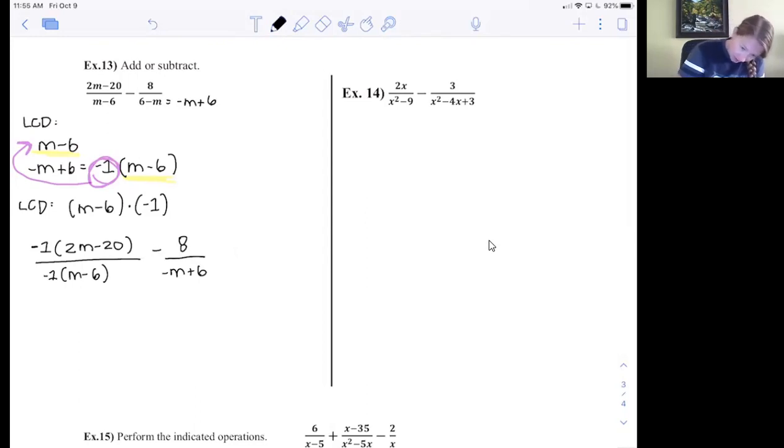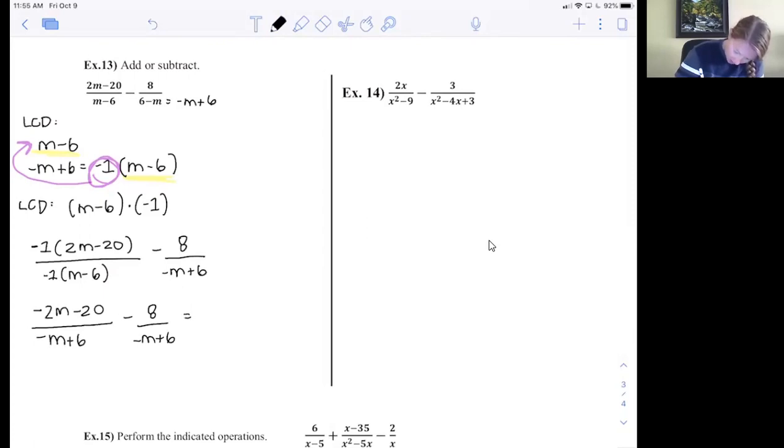So I'm going to just multiply this negative 1 in. So I've got negative 2m minus 20, and I'm going to rewrite this bottom to just be negative m plus 6. Then I've got negative 8 over negative m plus 6. So now I'm just going to subtract the top.